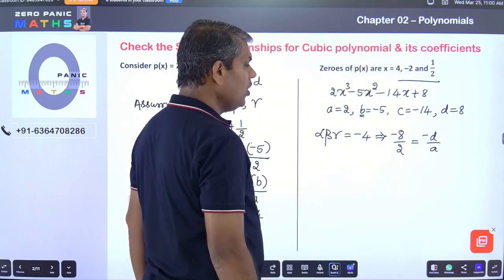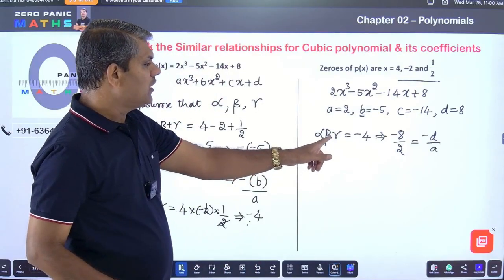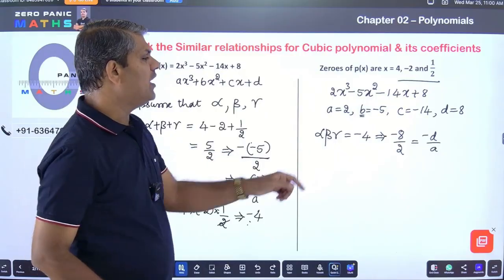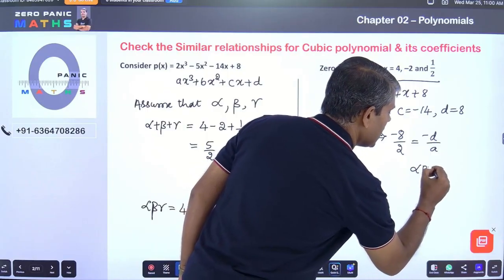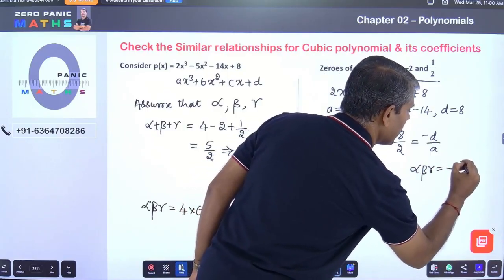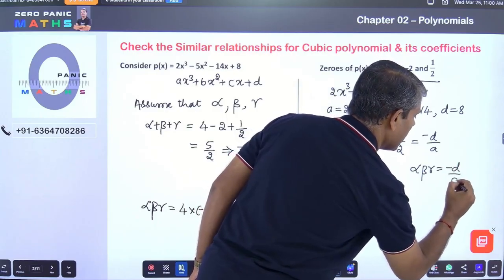Okay. So what did we prove? That the product of the zeros of a cubic polynomial, alpha beta gamma, is equal to minus d by a.